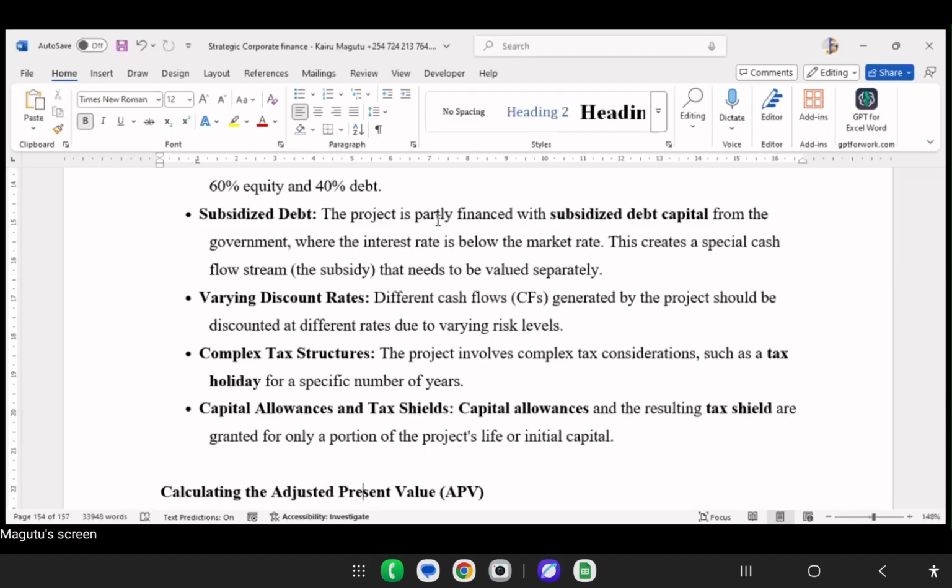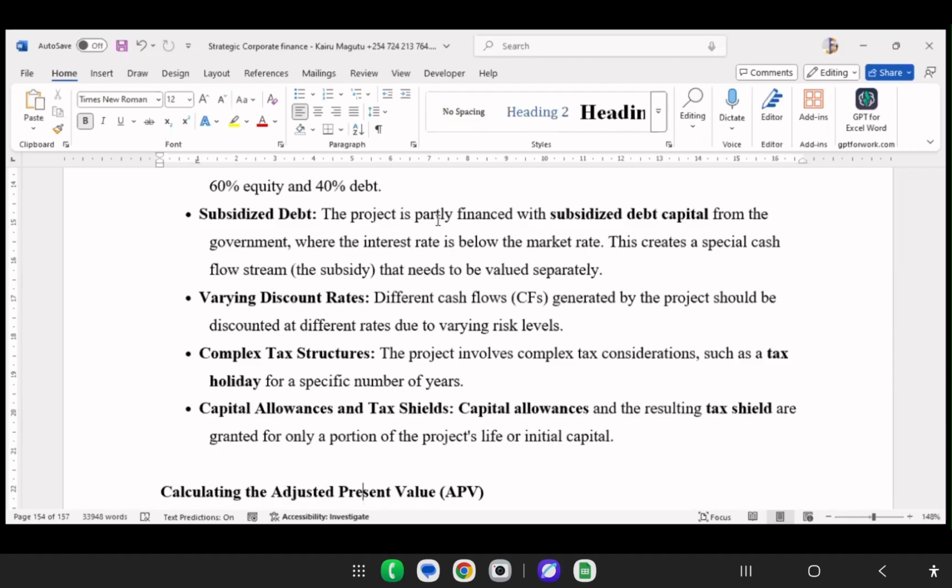of the project life or initial capital. We know that the capital invested in a project is subjected to depreciation, or what you call the capital deduction. Such capital allowance is expected to be provided on the full value of the asset.